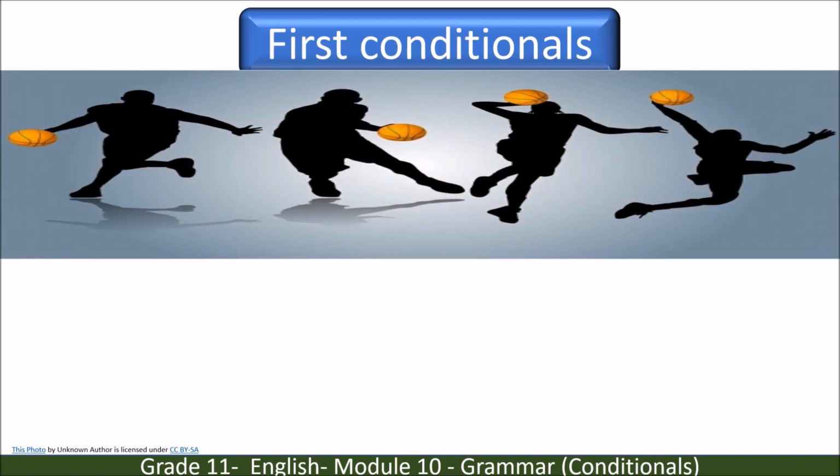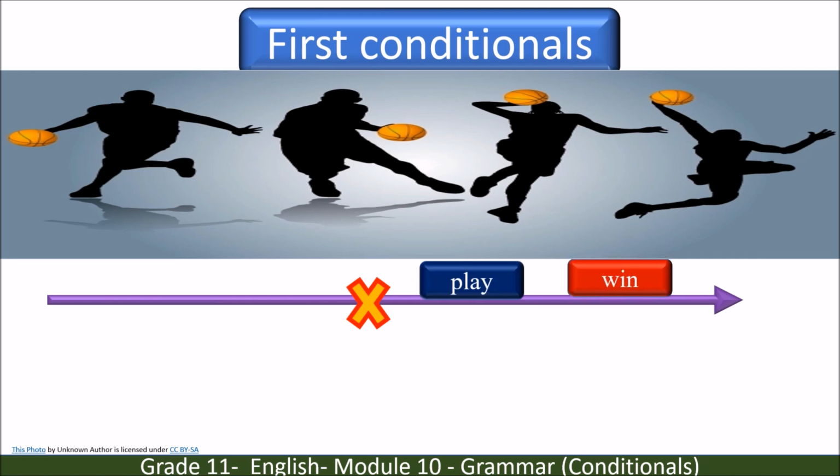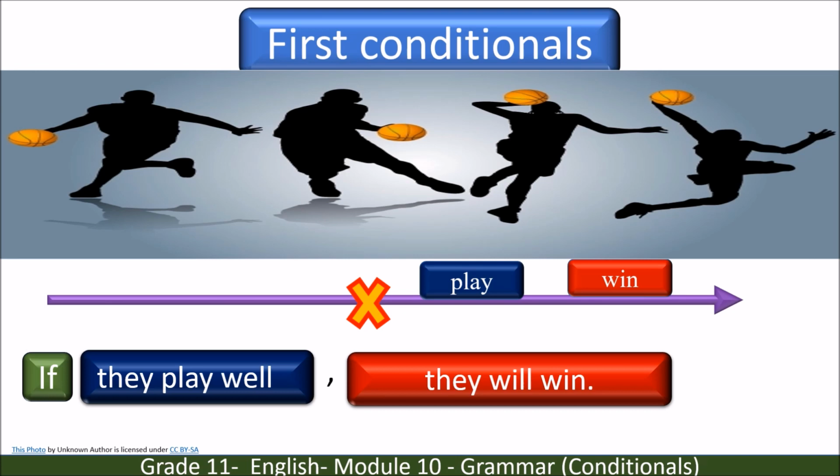Our handball team are playing a match at 5 p.m. Now it's 4 p.m. So the match hasn't started yet. So they will play and they will hopefully win. So I say, if the team play well, they will win.